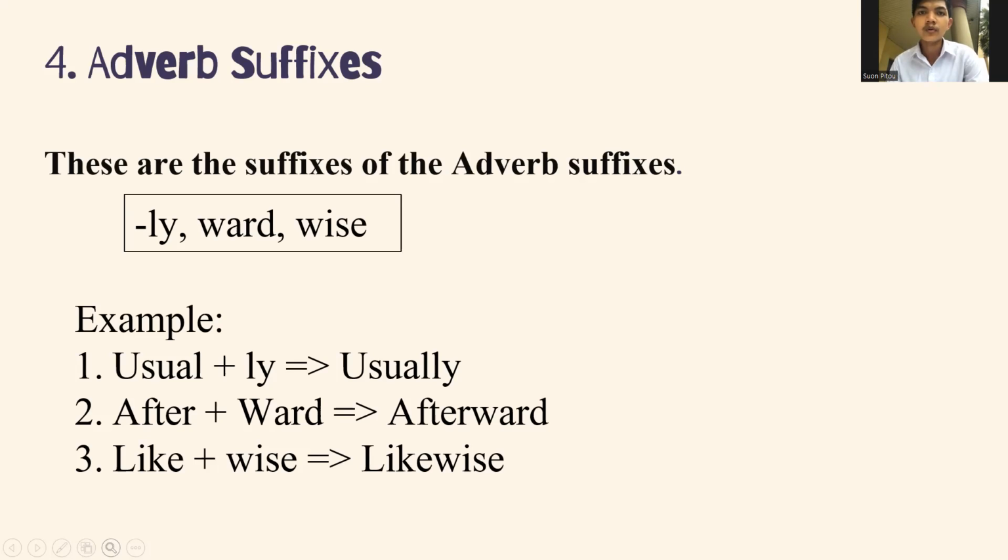For example, we use the term usual plus ly, we get usually. The second example, after plus ward, we get afterward. And the third one, like plus wise, we get likewise. That's all of my point. And next, my teammate will explain more. Thank you.